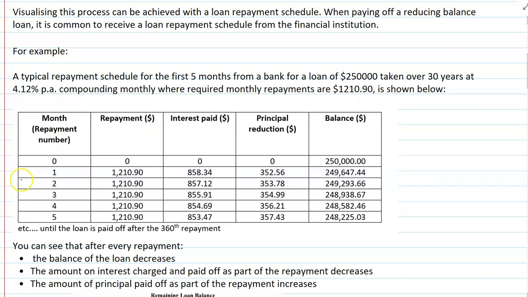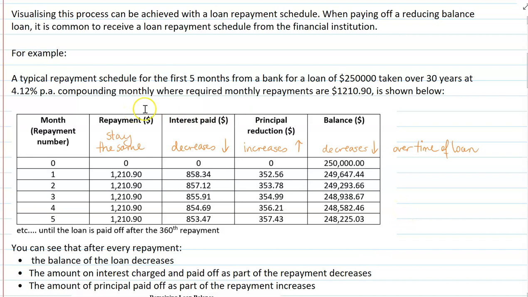And you can see here this loan repayment schedule has the month or repayment number first. You'll notice that the repayment amounts are the same. Of that repayment amount, it then breaks up how much of that repayment pays back interest, how much of that repayment pays back your principal, and then the last column looks at what is the balance of your loan.